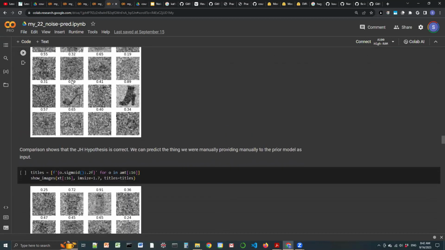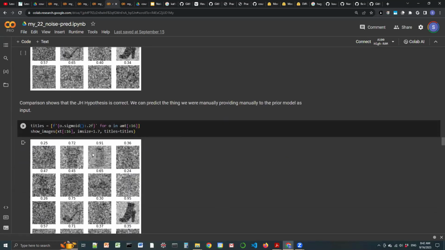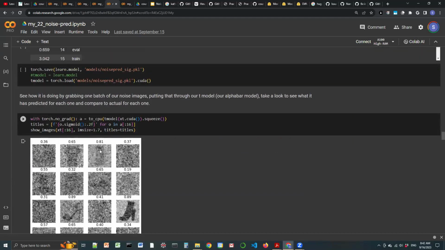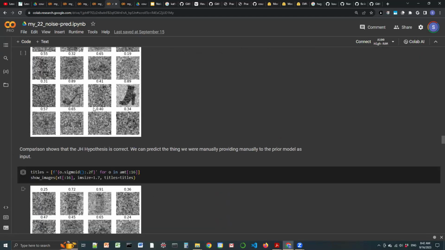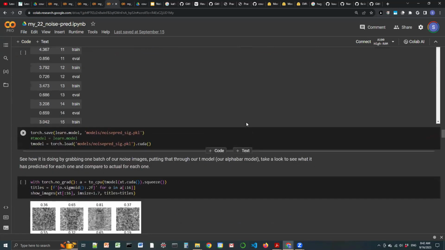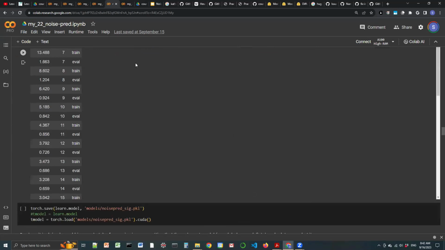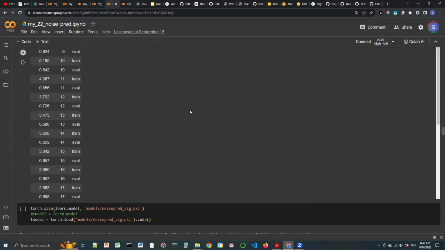You see the 0.65, it predicts as 0.72. This 0.91, it predicts as 0.81. I did not see as much gap as this. There was just a gap in the second decimal digit when I was running this earlier, just a week ago. So something definitely has changed. Now, obviously, this notebook hasn't changed. So I think something underlying has changed. I haven't bothered to chase down what all the changes are.